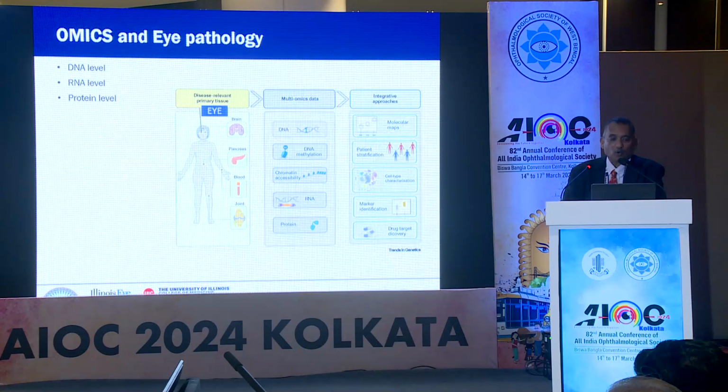Now moving on to omics and eye pathology. Studies at the DNA level, the RNA level, and protein level have revolutionized how we function as eye pathologists and interact with the clinicians, where this material is extracted, run through different molecular approaches, and in the end you have marker identification and then drug target discovery.